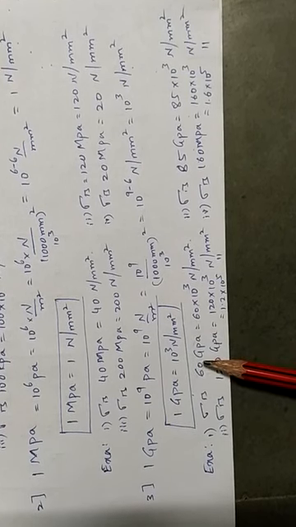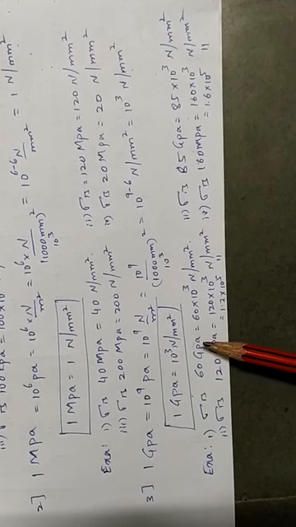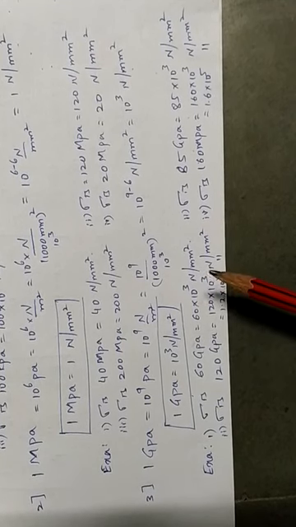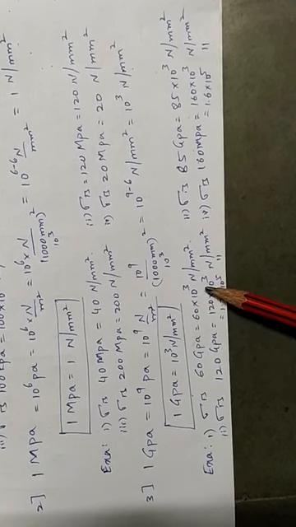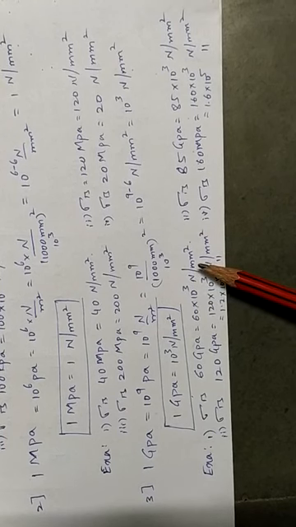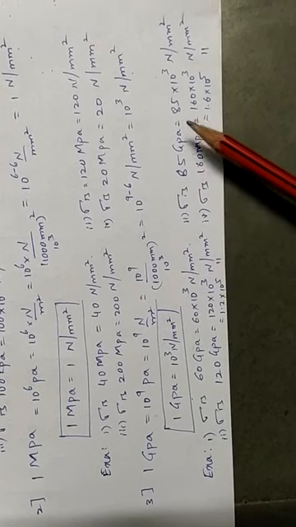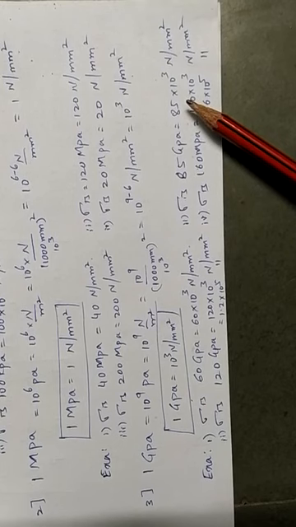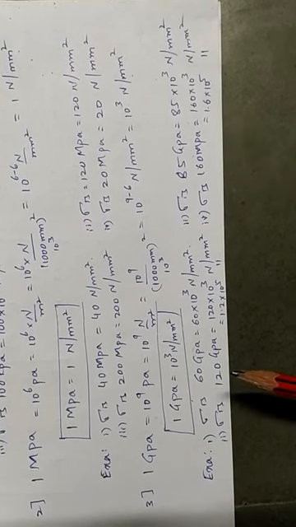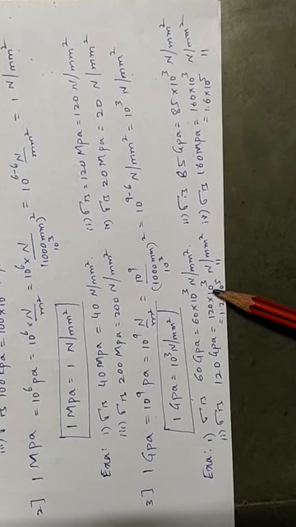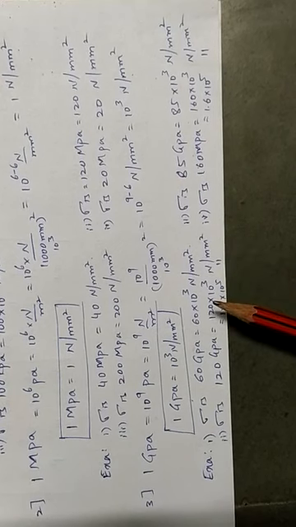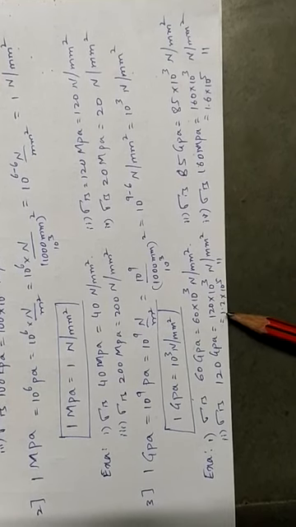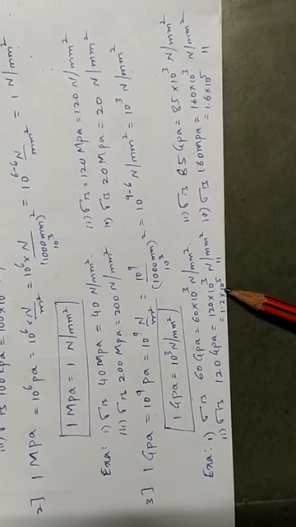If your trial reading is 60 gigapascal, in terms of Newton per mm square, it is 60 into 10 raised to 3 Newton per mm square. If your trial reading is 85 GPa, it is 85 into 10 raised to 3 Newton per mm square. If your trial reading is 120 into 10 raised to 3 Newton per mm square, this is also rewritten as 1.2 into 10 raised to 5 Newton per mm square.